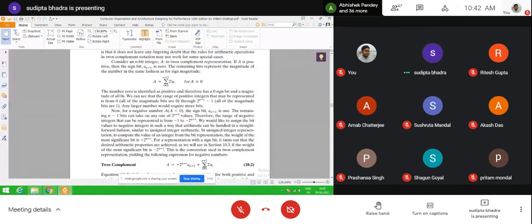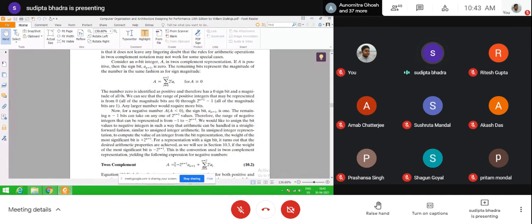In sign magnitude, the sign part is different; here the value of the sign term is minus 2 to the power n minus 1 into a n minus 1.